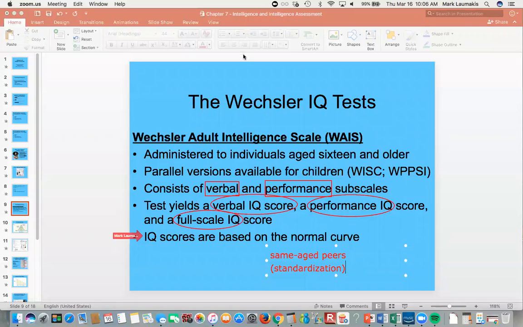Standardization means, again, I use uniform testing procedures so that when I'm done testing you as a 12-year-old with a WISC, I can compare your performance as a 12-year-old to that of other 12-year-olds, okay? Apples to apples comparison, because I gave you the same items, the same subtest, I did things in the same order, and so forth, okay? That's what I'm doing here when I'm doing that standardization, those uniform testing procedures.